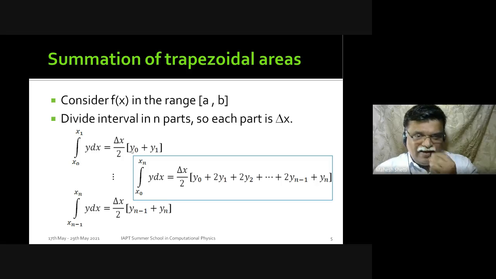Look at this: y0 plus y1 was there in the first integral. In the second integral, it would have been y1 plus y2, then y2 plus y3, and so on. So y1 will get added twice, y2 will get added twice, and so on, except the first one and the last one. So y0 is only once, yn is only once, and all the rest are taken twice. That gives you the complete integration.